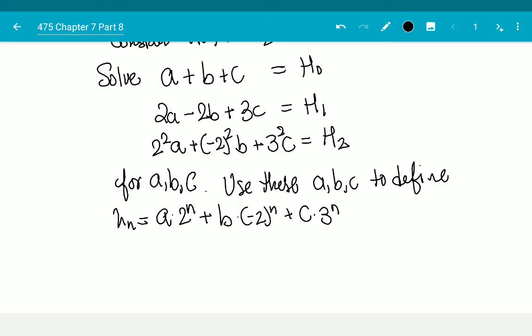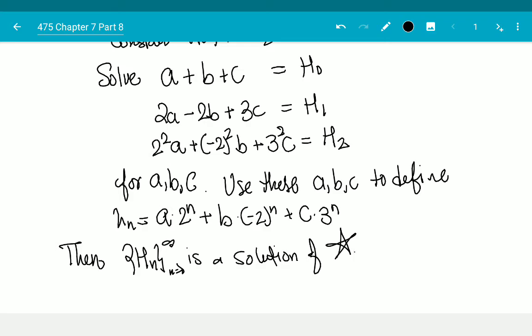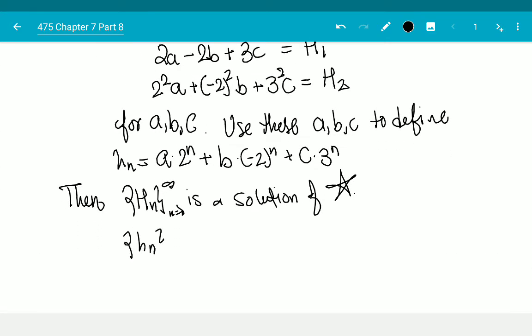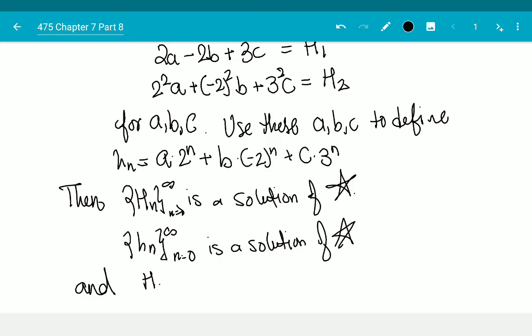We can always find such a, b, and c. And then what we get is that small hn is a solution of star, and h0 is equal to small h0, h1 is equal to small h1, h2 is equal to small h2, right?